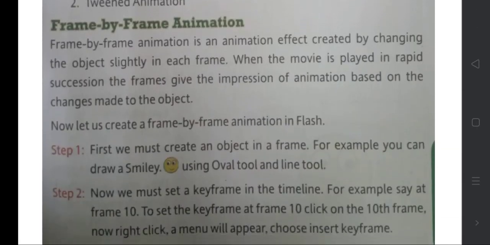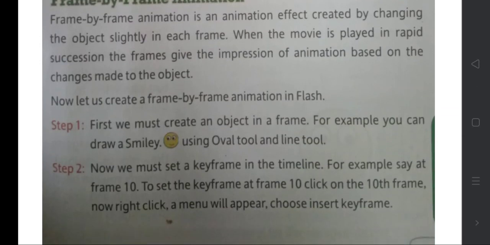Frame by frame animation is an animation effect created by changing the object slightly in each frame. For example, a boy is lifting up his hand. In the first picture, the hand will be down. In the second picture, it is raised a little bit, and in the third picture a little bit more, and like that.